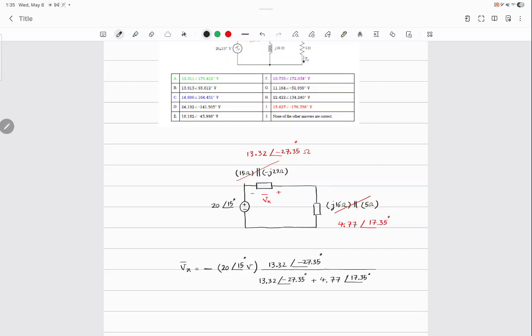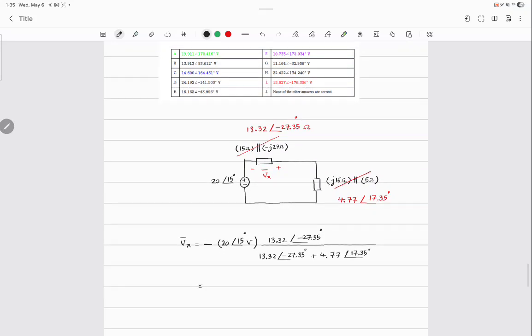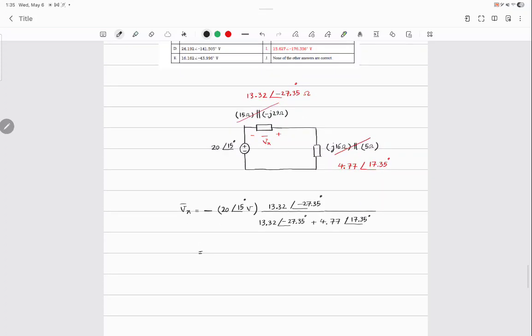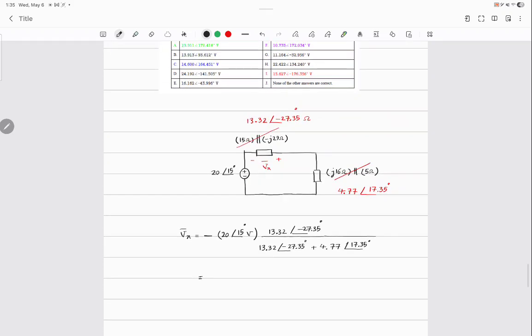So that's why you need a negative sign for your voltage division. So that will give you Vx. I don't have it, but I'm guessing it should give you the red one.